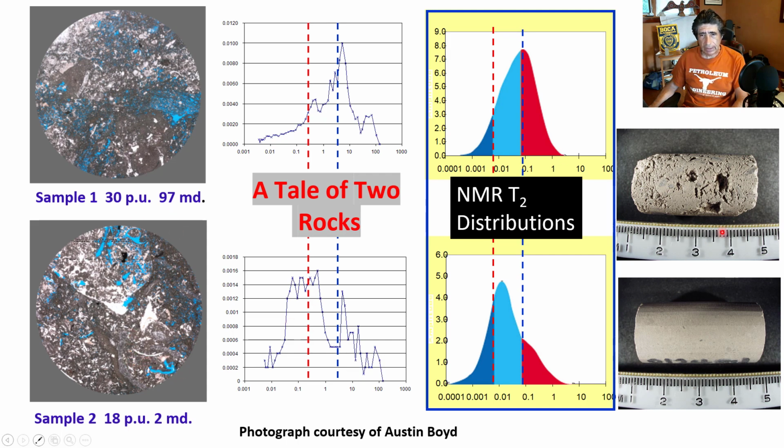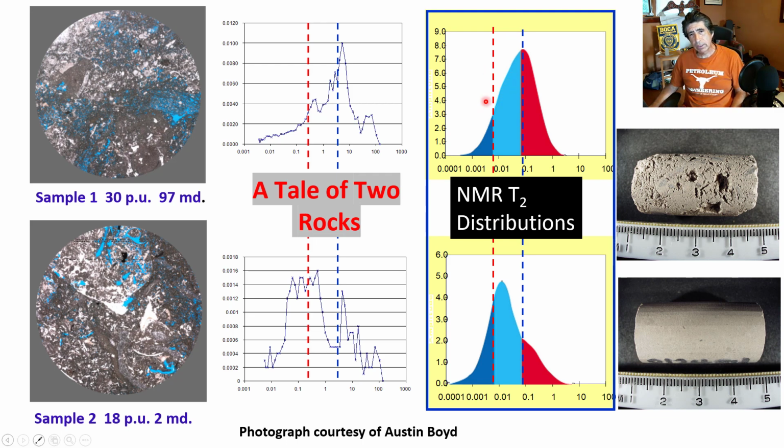And now let's look at the NMR distributions, and what we see is that for the sample that has higher permeability, of course, the dominant T2 amplitude is larger than the dominant T2 amplitude of the sample that has lower permeability. Also, the distribution is not equally biased, is not equally symmetric.